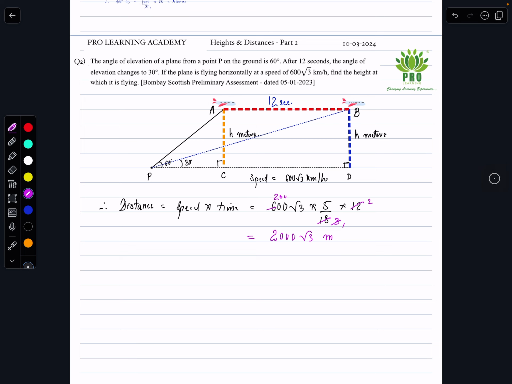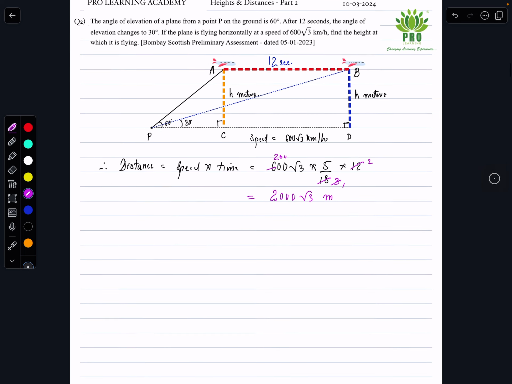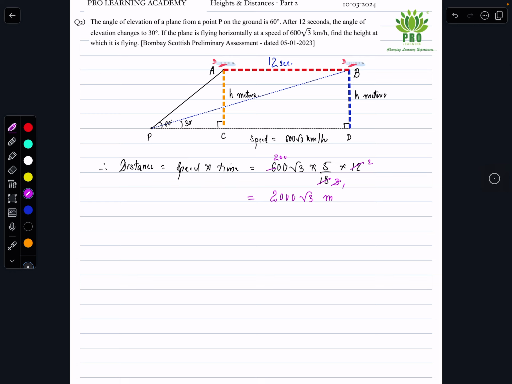Now since we know the distance, we'll start using trigonometric functions. In triangle APC, use tan of 60 degrees. We have identified the perpendicular height at which the plane is flying as h meters. So we want to write AC over PC.